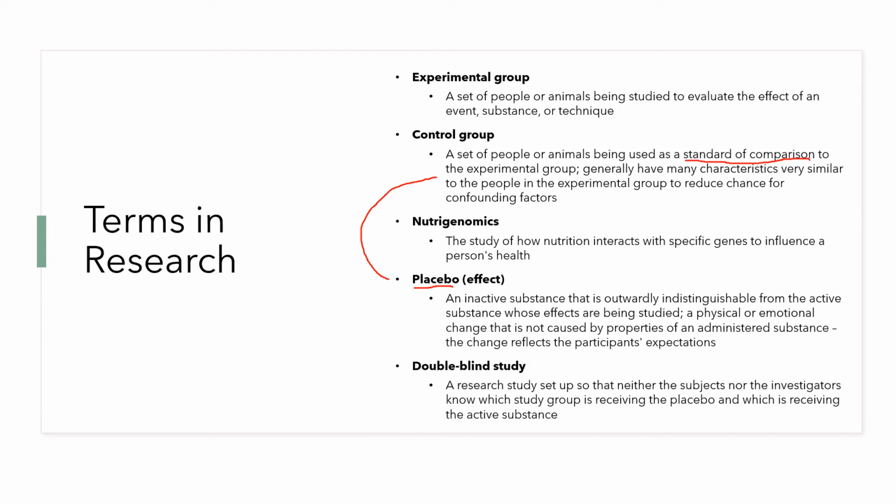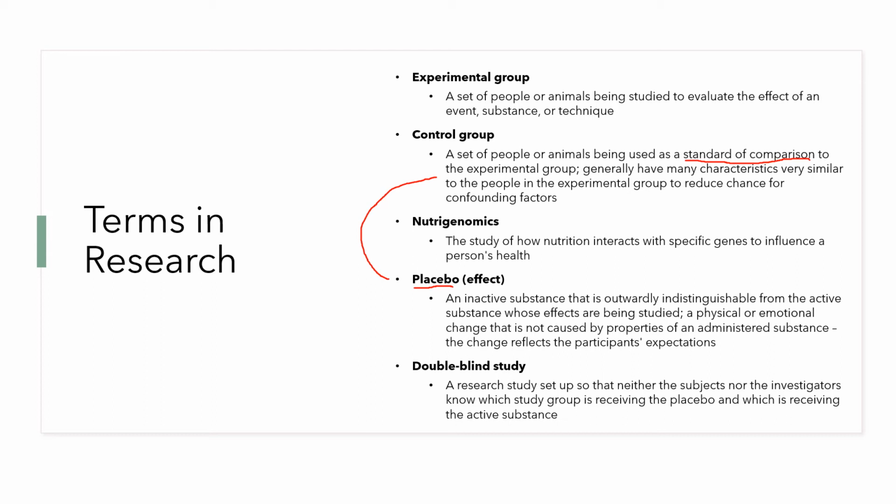So the placebo is the way to make it so that the control group doesn't necessarily know they are the control group, because they're still taking a pill. So they don't know whether that's the sugar pill, the placebo, or the actual pharmaceutical drug.